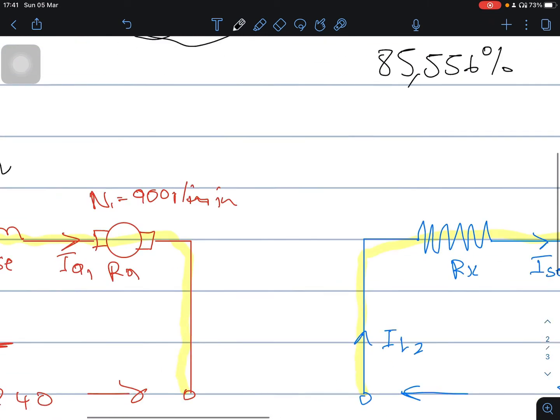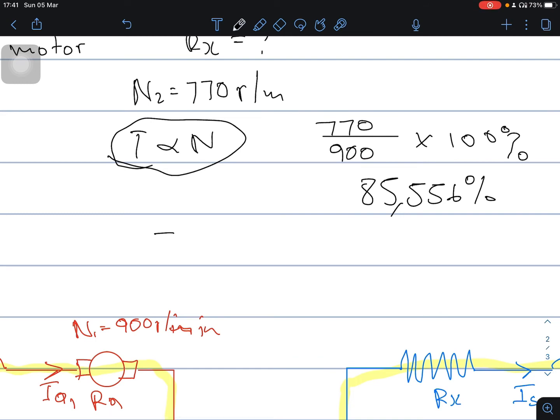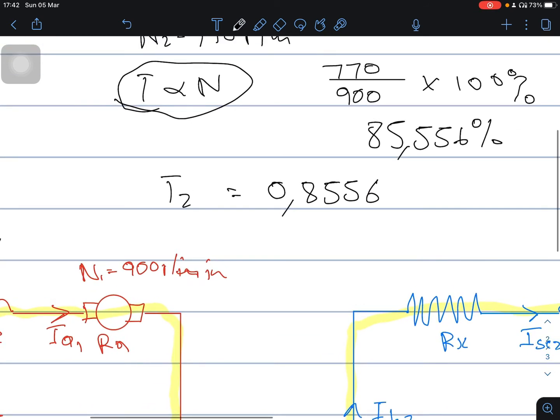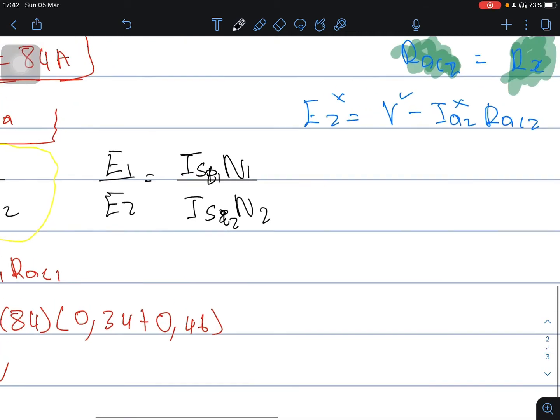Meaning we can express T2 in terms of T1, which is divided by 100, giving 0.8556, or 0.85556, T1.